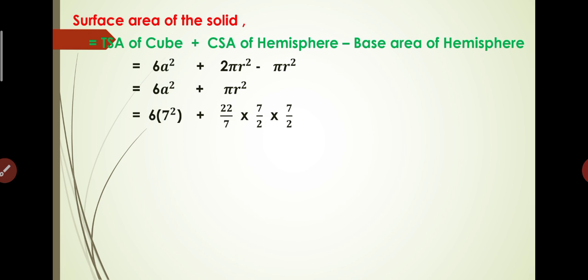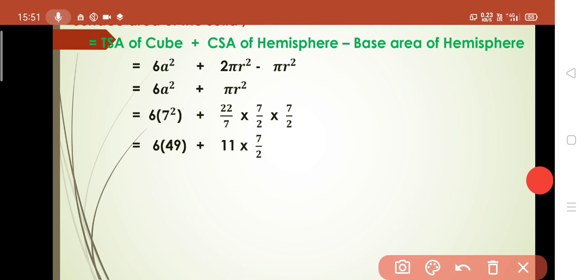6 into what is the value of a? 7 square, plus 22 by 7 into r value 7/2. So r square means 7/2 into 7/2. 6 into 7 square 49, plus we can cancel 7 and 7, isn't it, children? And 2 and 22. So you will get 11.